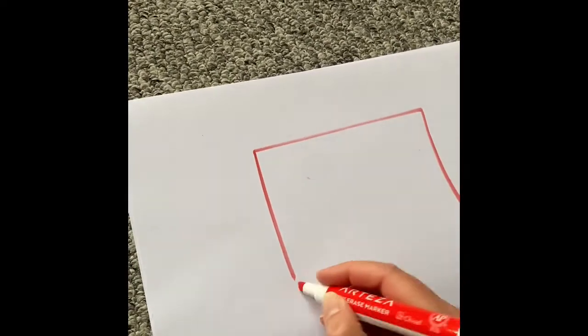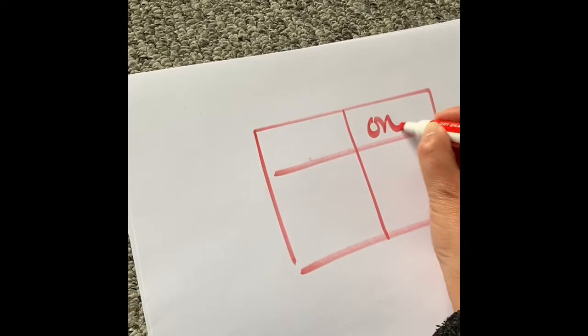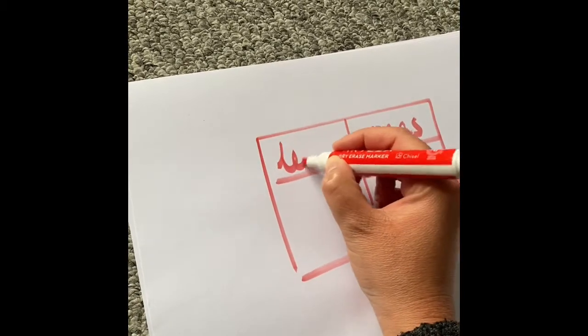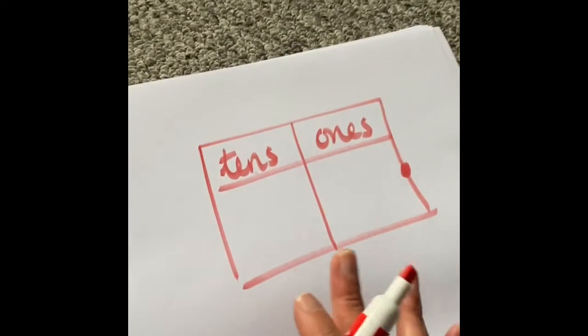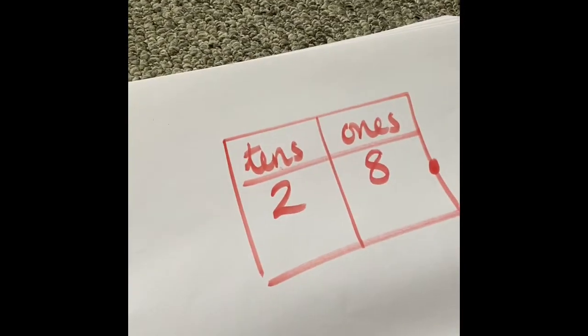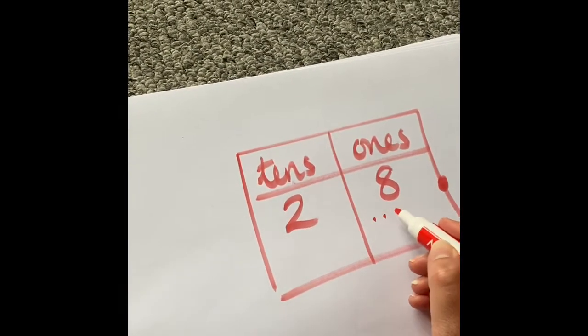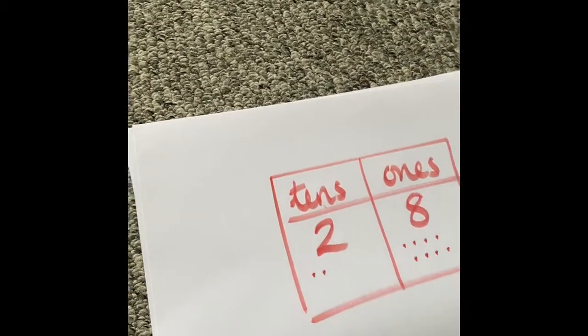If I had my place value grid, and these were ones, and these were tens, and our decimal point over here, so we've gone into whole numbers now, and I had a 2 and an 8, I would have 1, 2, 3, 4, 5, 6, 7, 8, and I'd have 2 tens.